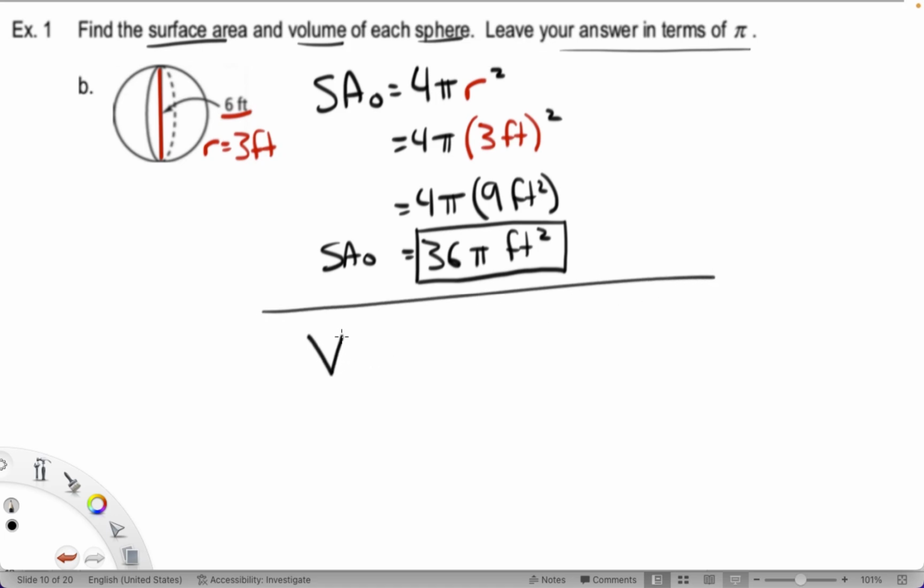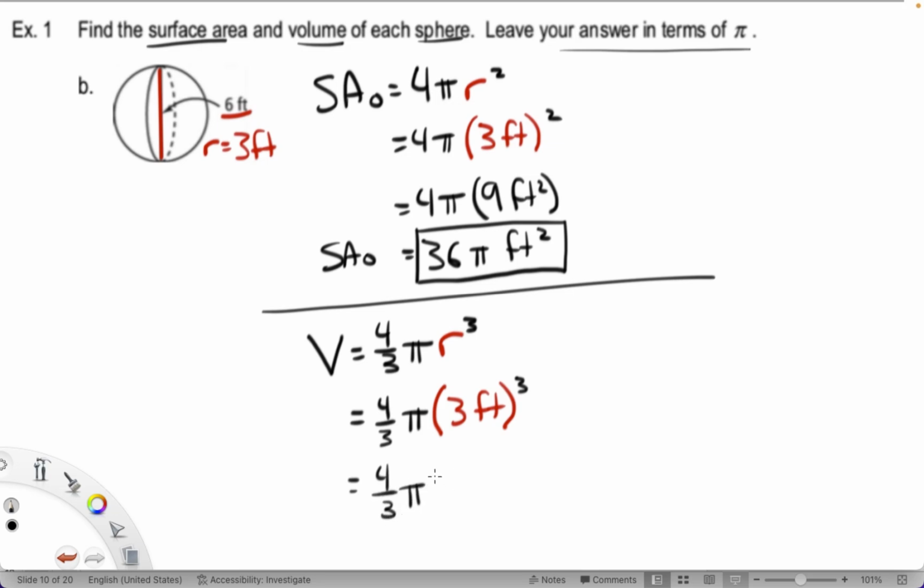To find the volume, we're going to use the formula for the volume, which is 4/3 pi r cubed, which in this case is going to equal 4/3 pi 3 feet cubed, which is going to equal 4/3 pi times 27 cubic feet.